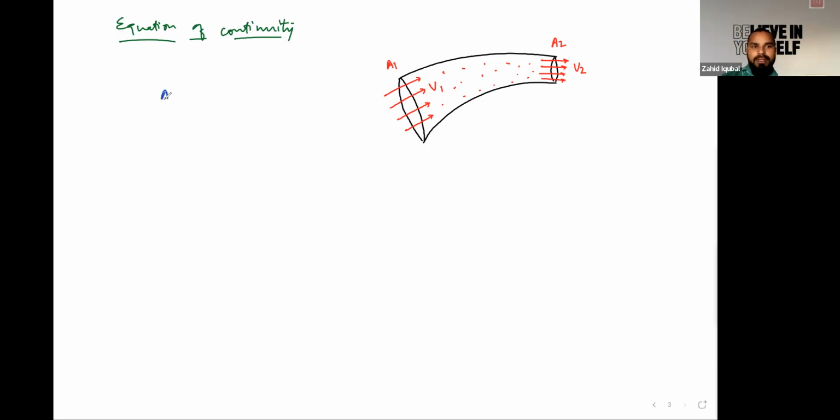So on comparing, you will get A1 V1 equals A2 V2, which is also equal to Q, which is nothing but the rate of flow of liquid.